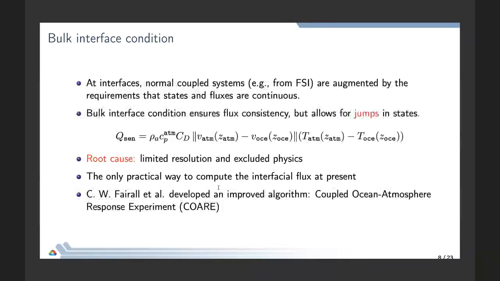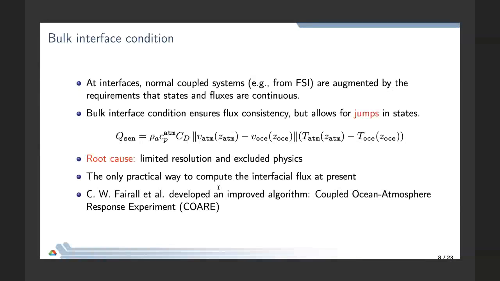In our case, the bulk interface condition ensures flux consistency, but it allows jumps in states. This means that the temperature at the bottom of the atmosphere can be different from the temperature at the sea surface, and the difference in temperature is taken into account to calculate the interfacial flux explicitly.